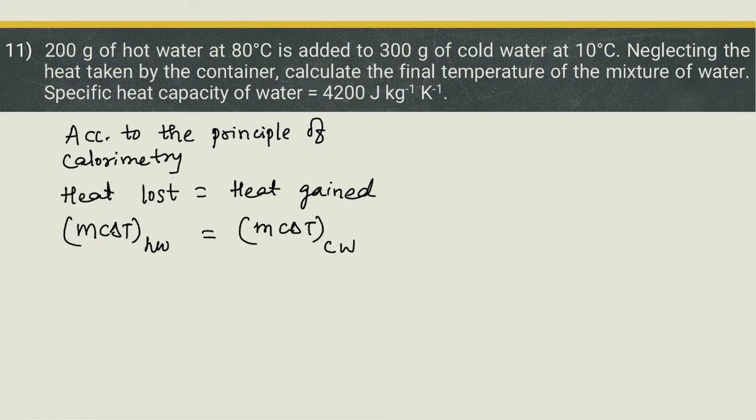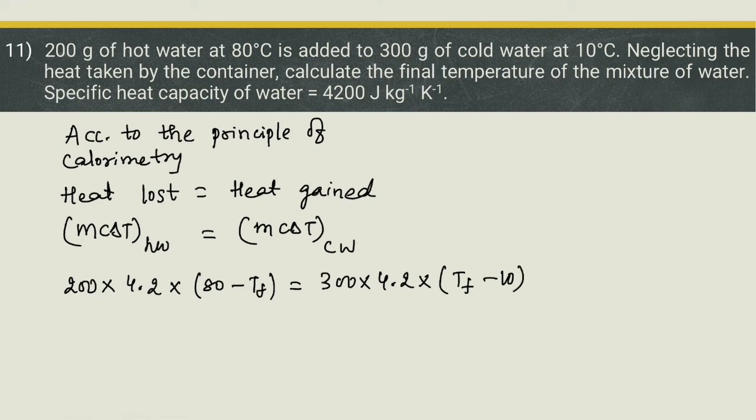Mass of hot water 200 gram, specific heat capacity is 4.2, delta T is 80 minus TF, is equal to mass of cold water 300 into specific heat capacity 4.2 into delta T, final temperature minus 10.